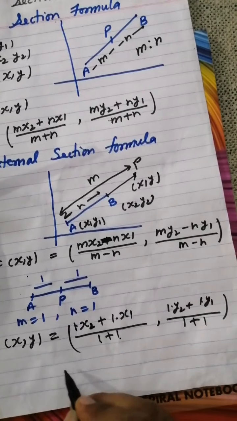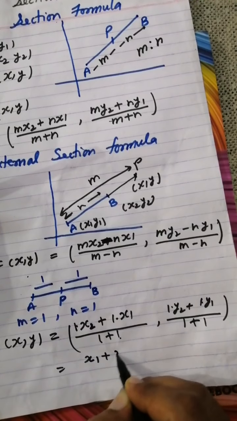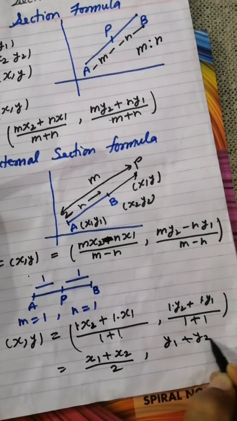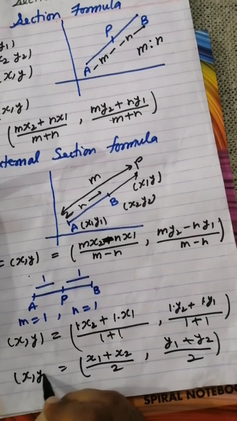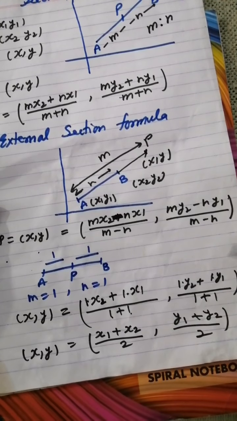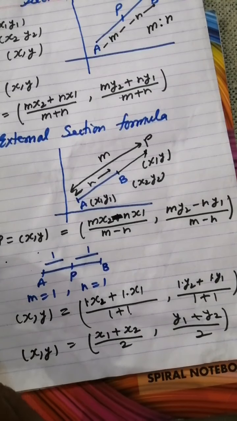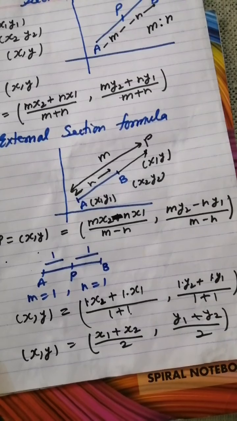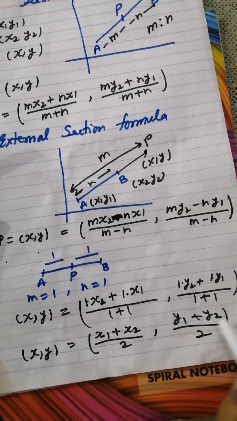So here you can see 1 into x2 means x2, and I can say x1 plus x2 upon 2, and y1 plus y2 upon 2. It is a bisecting point. So if a point P is going to bisect a line segment AB in the ratio 1 to 1, then the point will be x1 plus x2 upon 2, comma y1 plus y2 upon 2.